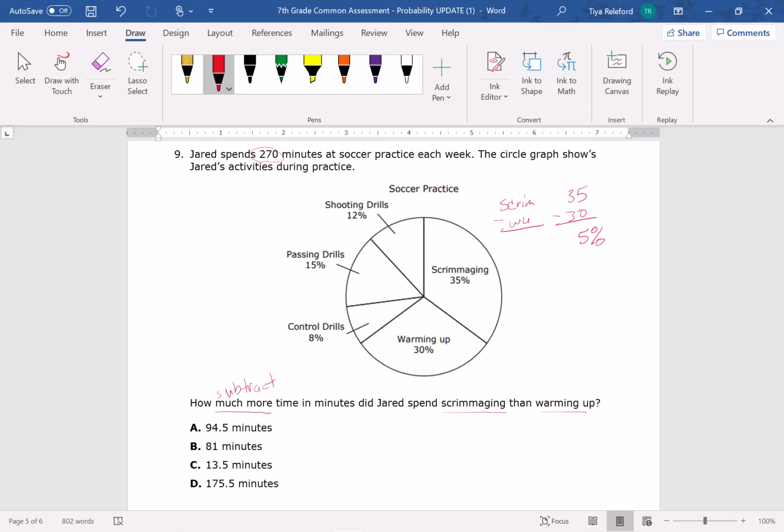So you need to set up a proportion. 5 is the percent, it's over 100. X. 100 times x is 100x, and 270 times 5, you need to work with me.